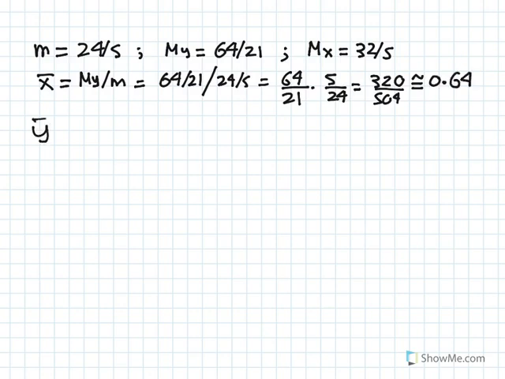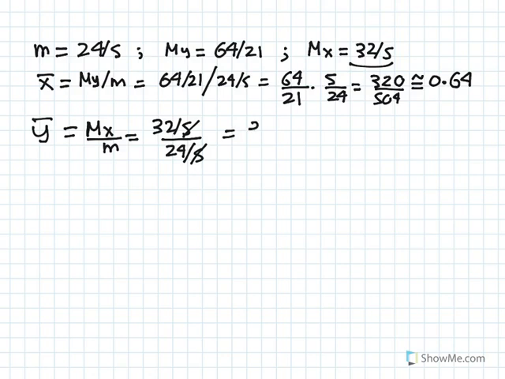Now y bar, the y coordinate of center of mass. Moment with respect to the x-axis divided by the mass. The moment with respect to the x-axis is 32 over 5. And of course the mass is 24 over 5. 5 cancels, we get 32 divided by 24. If we decimalize this, we get approximately 1.33.